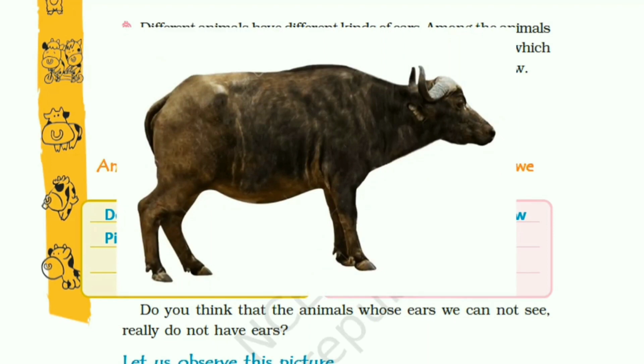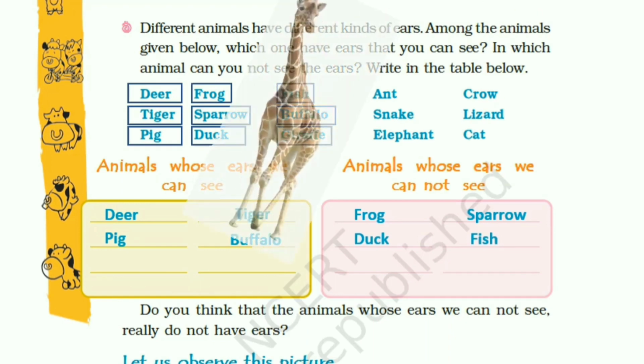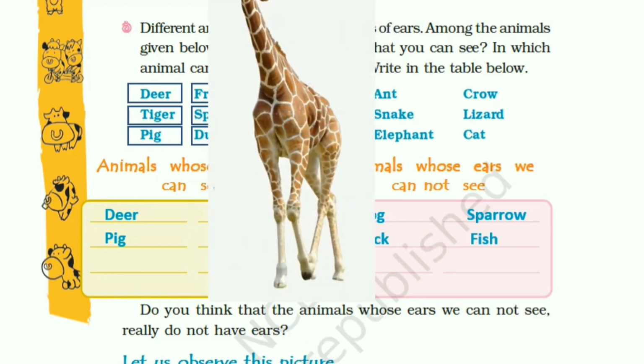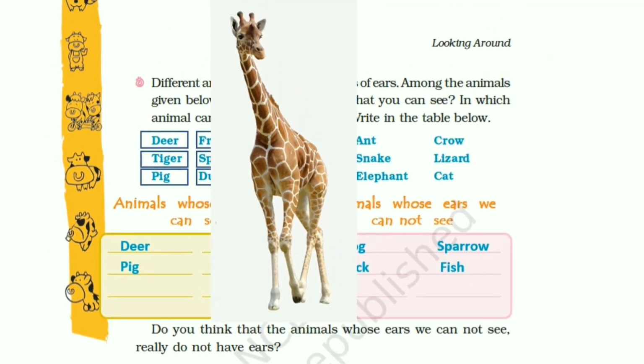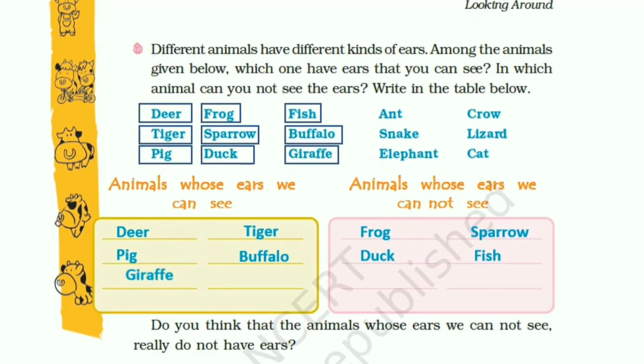See, here is the picture of the buffalo, and it goes to table number 1. Then giraffe. I have to zoom it because it is tall. And it has ears, so it goes to table number 1.